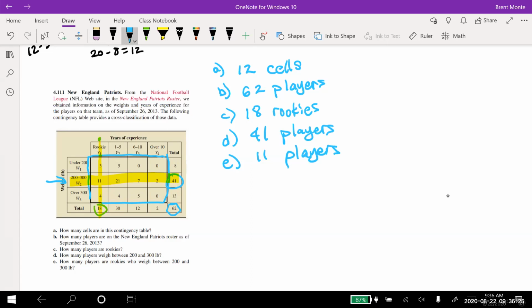Let's do this. How about this? Let's find that last probability, because we had talked about it before, just to make sure. So if I said here, probability that they're a rookie and between 200 and 300 pounds.